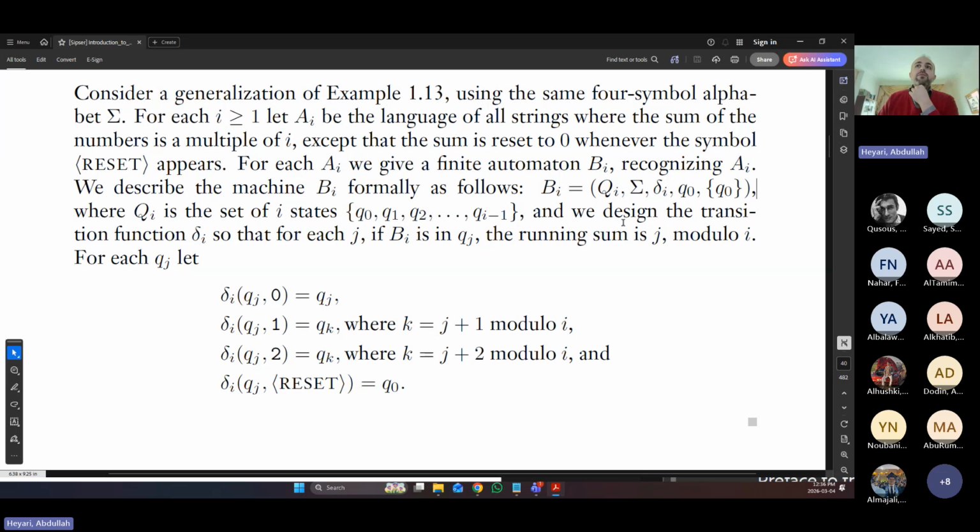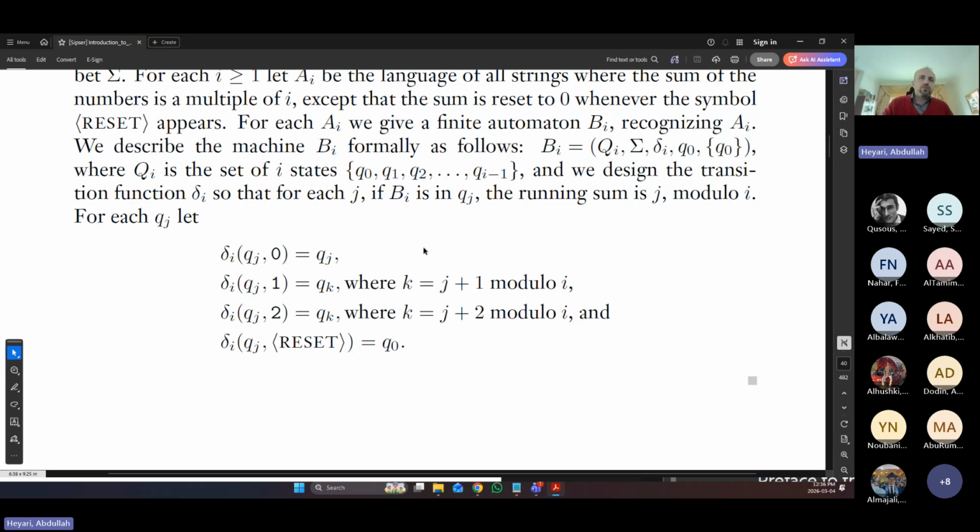And we designed the transition function delta_I so that for each J, if B_I is in Q_J, that is, if the machine is currently in that state Q_J, the running sum is J modulo I. This is just a verbal statement of this rather tricky machine, so you don't need to bother a lot about it. We are just communicating an essence, an idea. And this is how it would look.